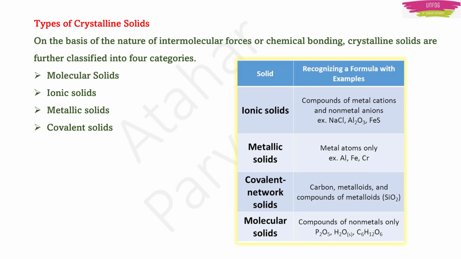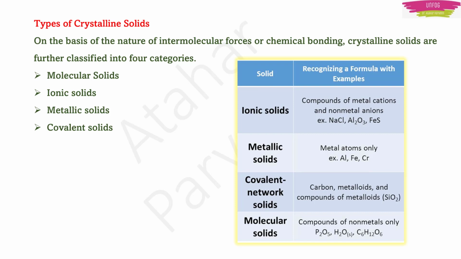Then metallic solids: metal atoms like aluminium, iron and chromium are examples of metallic solids. For covalent network solids, we have carbon, metalloids and compounds of metalloids like silicon dioxide, and all other compounds of carbon. They all exhibit a certain type of network, so they are called covalent solids or network solids.